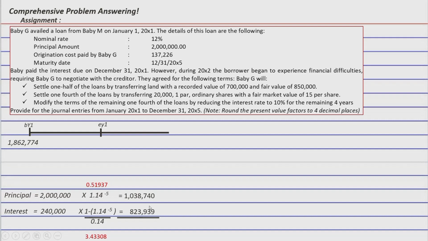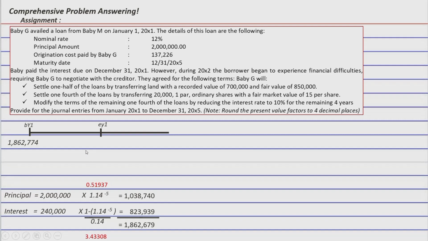So that's the present value for interest payments. Now, let's add these two present values and we will get 1,862,679. And even if it is not the exact number, it's very near, right? So we can conclude that the effective rate is actually 14%.